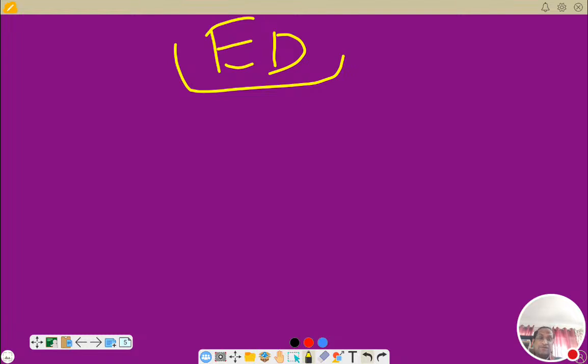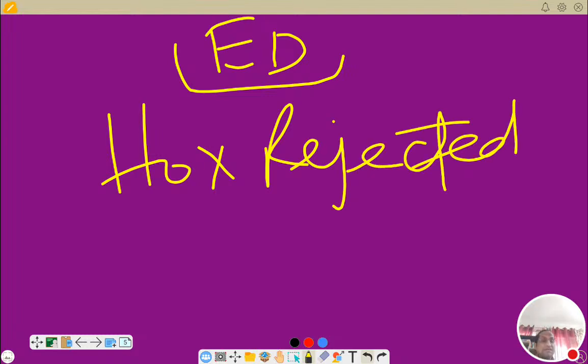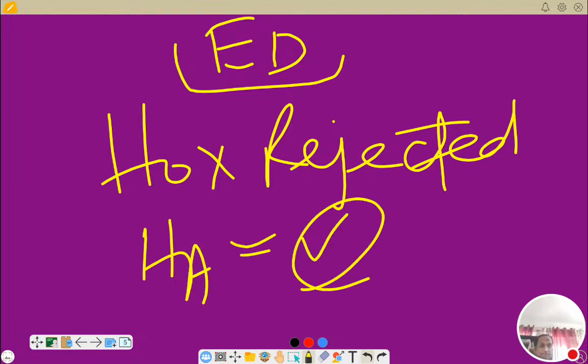Once the null hypothesis, which is the opposite of the hypothesis we actually want to prove, is rejected, suppose H0 is rejected, what does it say? It says that the alternate hypothesis is correct. It also says that the hypothesis with which we started our research is actually correct.